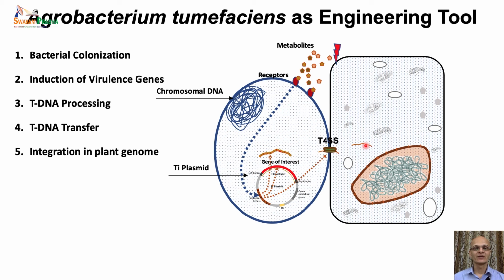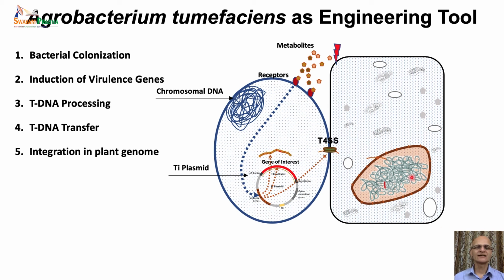Because of the presence of these nuclear localization signals on the proteins associated with the T-DNA complex, this T-DNA is recruited to the nuclear membrane. On the nuclear membrane there are small pores, and through these pores this complex enters the nucleus. And finally, the T-DNA integration takes place. That is, this T-DNA is integrated into the plant genome, and this integration event is random.